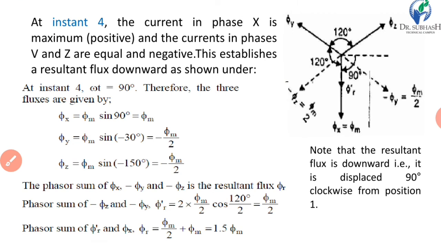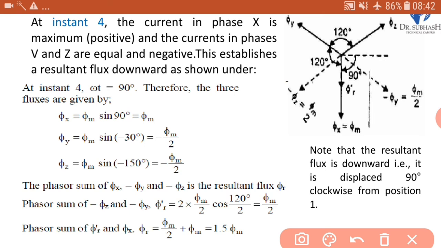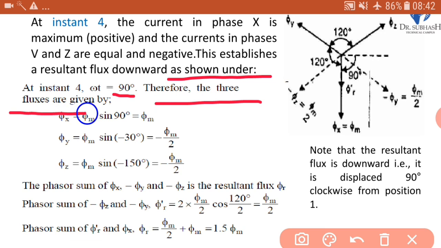Now lastly we see instant 4. The current in phase X is maximum positive and the currents in phases Y and Z are equal and negative. This establishes the resultant flux downward as shown. At instant 4, omega t is equal to 90 degree, therefore the three fluxes are given by phi x is equal to phi m sin 90 degree, which is equal to phi m.